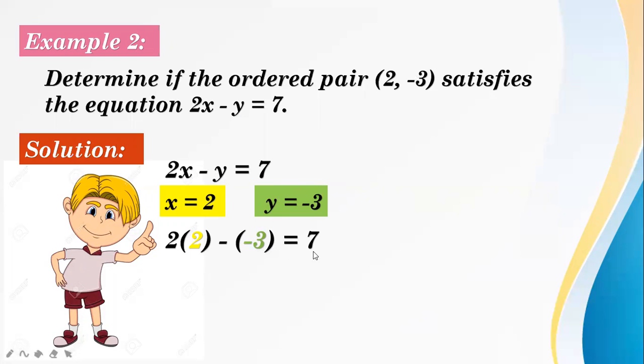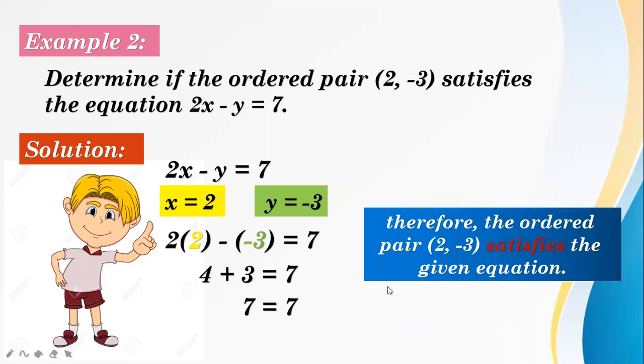Then simplify: 2 multiply 2, the answer is 4. Then negative times negative 3, the answer is positive 3. Then equals 7. 4 plus 3, the answer is 7 equals 7. And therefore, the ordered pair 2, negative 3 satisfies the given equation.